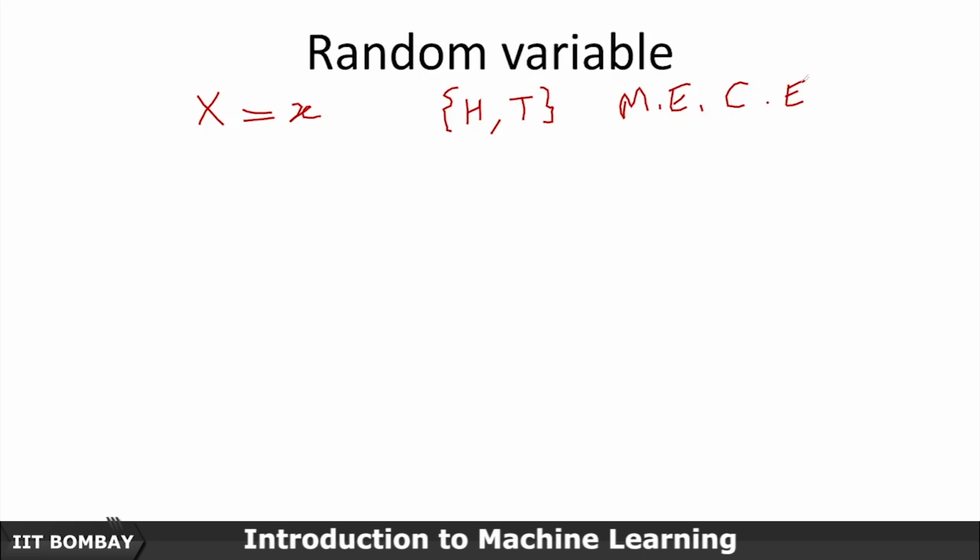So, which means that if I add up the probability of all the possible values that the random variable can take, it will add up to 1, and the probability of each particular value will be greater than 0. Okay, so, this is a discrete random variable where the values come from a discrete set, such as this one, which is head and tail.